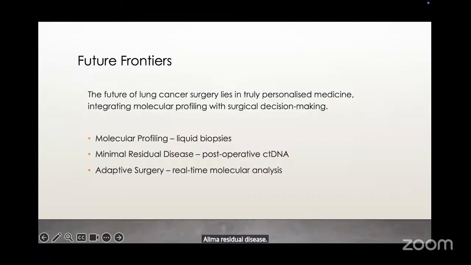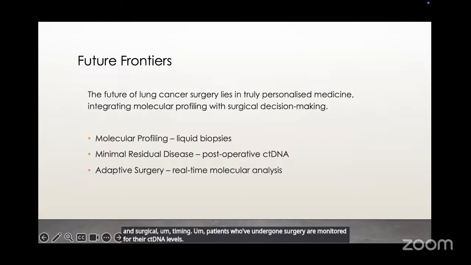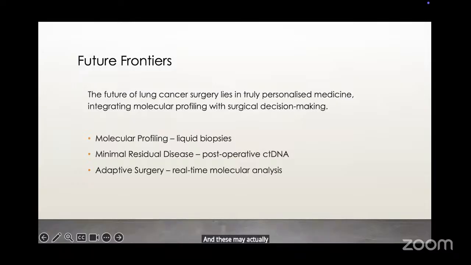Now, in terms of minimal residual disease, this is used to basically monitor for neoadjuvant therapy selection and surgical timing. Patients who've undergone surgery are monitored for their ctDNA levels, and these may actually show elevation, which would otherwise be unable to detect on radiography.